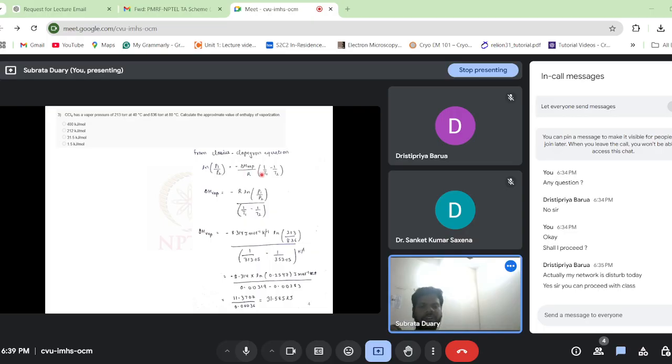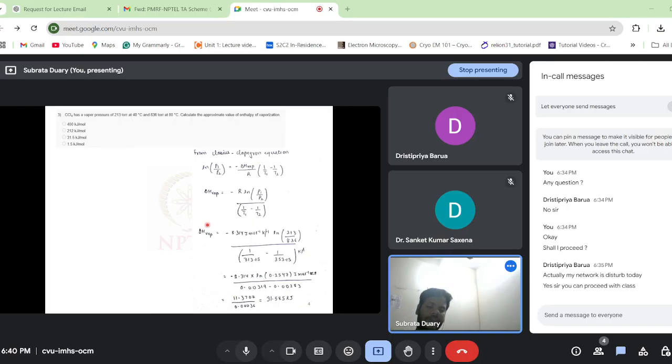For that case the equation will be the same, there will be a change in the pressure as well as temperature. Based on that your delta H will be taken care of. You see that vaporization is a positive quantity, right? Now if you are asked what is the sign of enthalpy change from vapor to liquid, obviously it will be minus.